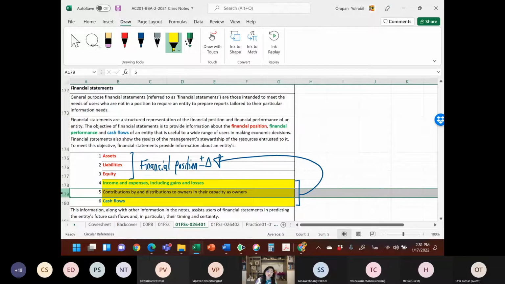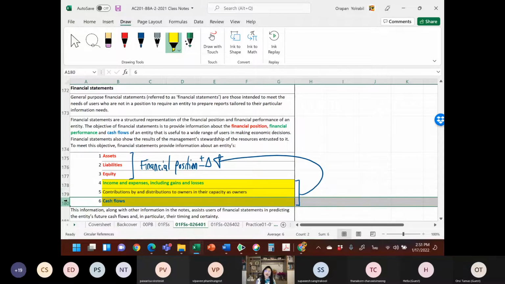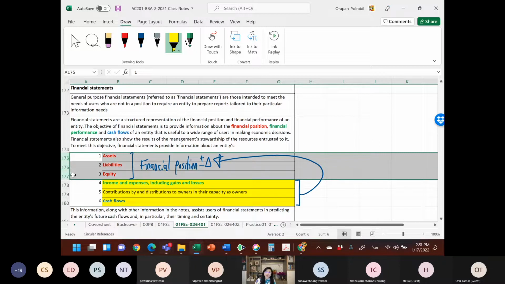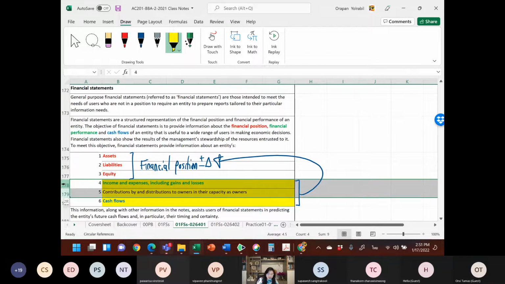That could also lead to a change in the financial position. And finally, there may be cash in and cash out during the period. So this cash in and out would also have an impact on the financial position. So I would say that income and expense, contributions to and from the owners, and also cash flow lead to changes in the financial position.